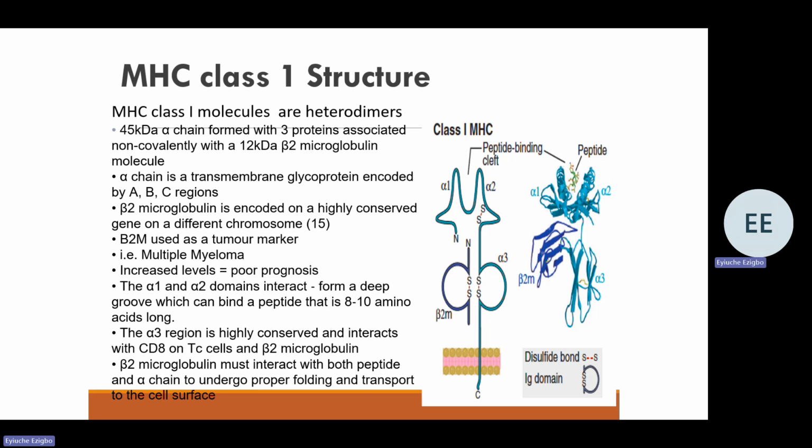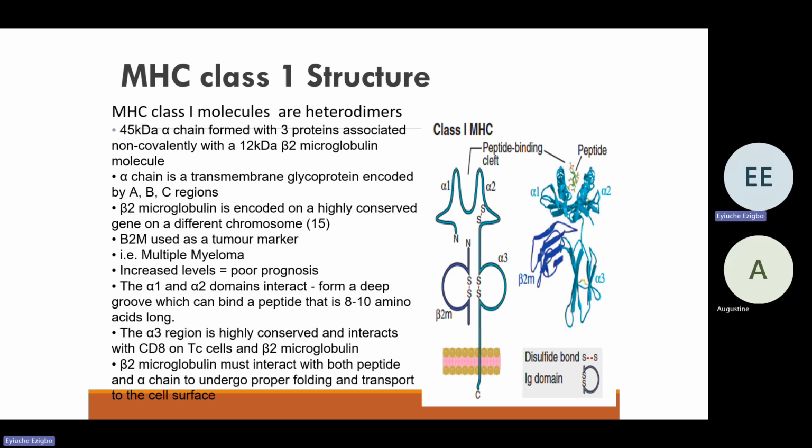The alpha 1 and alpha 2 domains interact. That is, they form a deep groove which can bind a peptide that is 8 to 10 amino acids long. So the alpha 1 and alpha 2 domains interact to give the peptide binding cleft for this molecule. The alpha 3 region is highly conserved and interacts with CD8 on TC cells and beta 2 microglobulin.